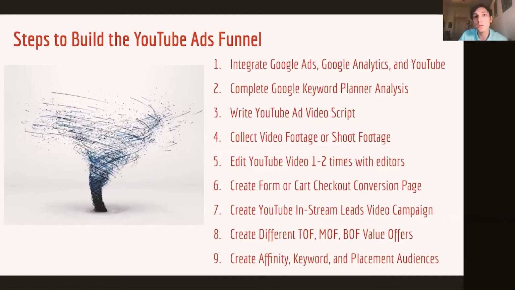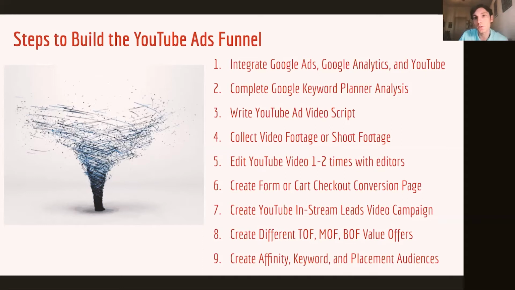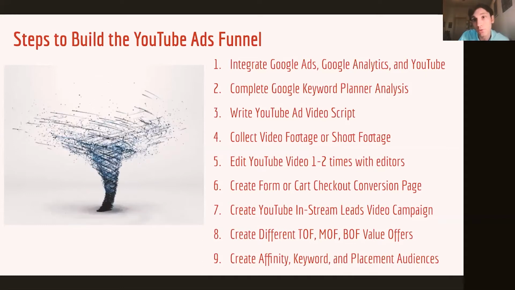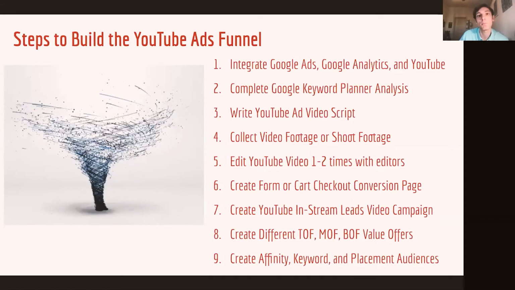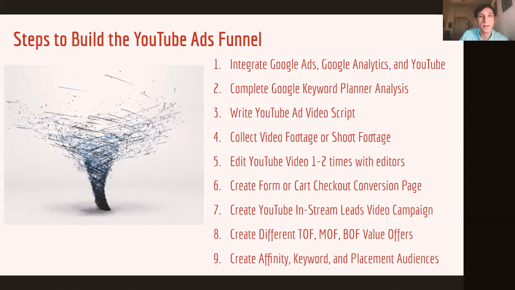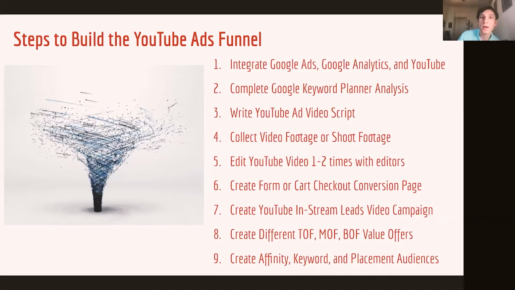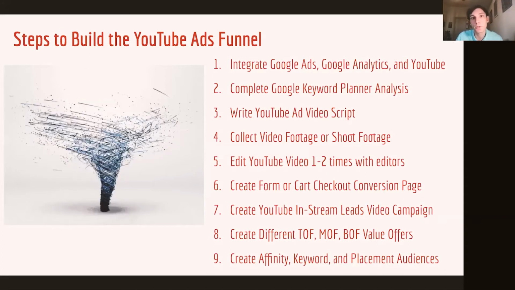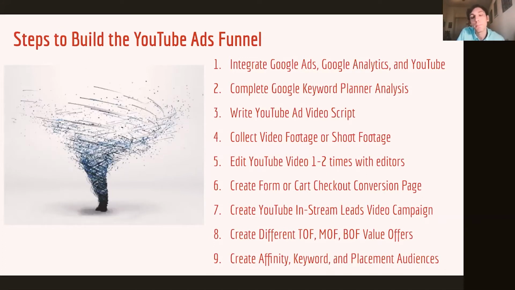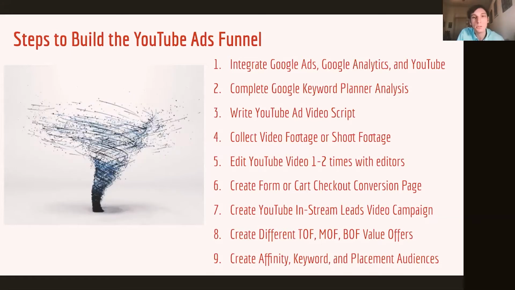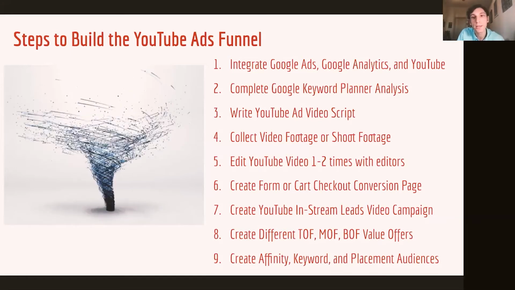With YouTube ads, what we need to do first is make sure that we have a Google Ads account, and that we have integrated it and set it up correctly with Google Analytics and with YouTube. And then from there, we want to do an initial keyword research plan, or keyword planner analysis. I see a lot of people currently running YouTube ads completely miss this step.